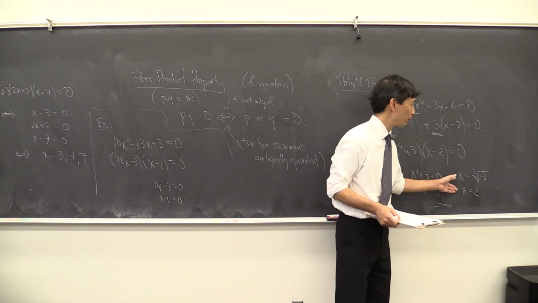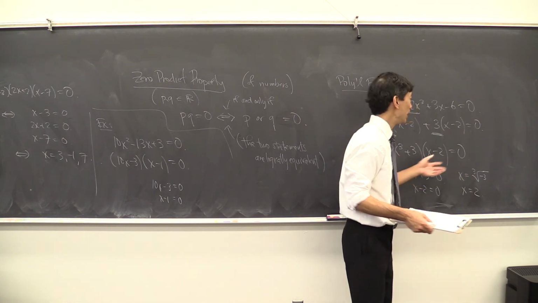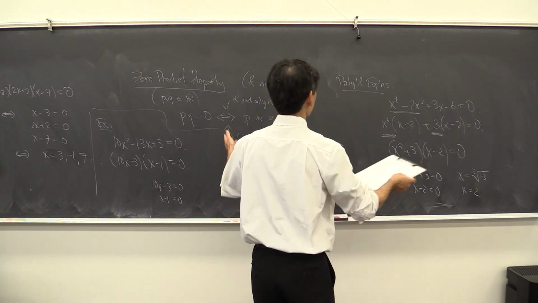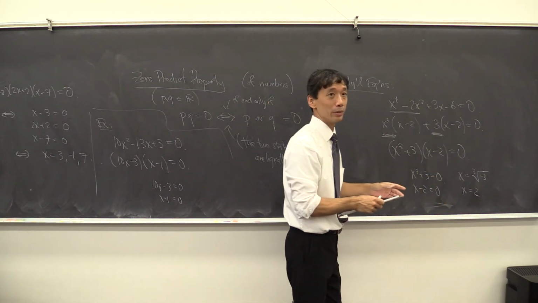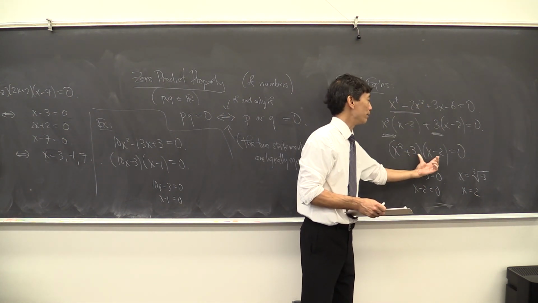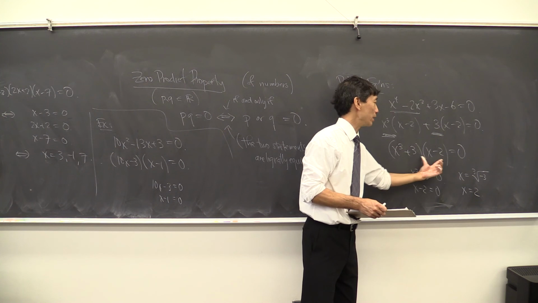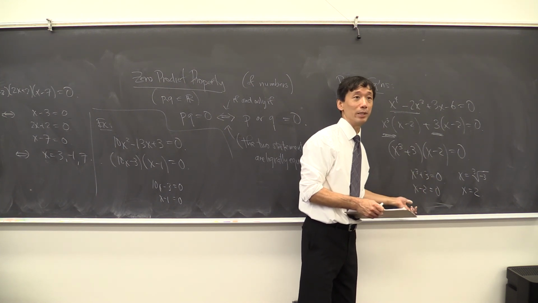So it looks like in our world that there are two solutions. And so this is how you use the zero product property to solve these sorts of things. Right? If you can factor this into a product of expressions, you can set each of those expressions equal to 0 and then solve them independently.